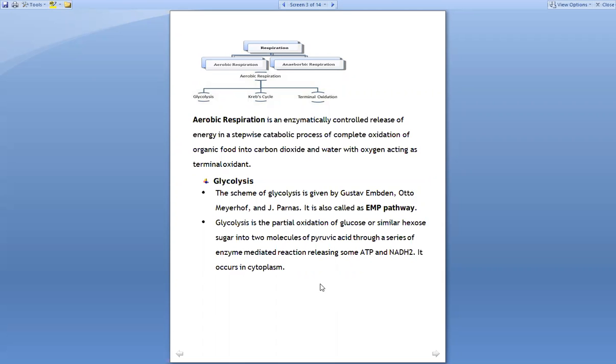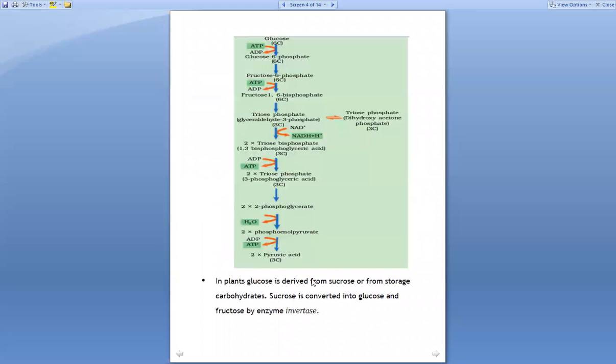So let's see about the glycolysis. Here you can see the whole flow chart of glycolysis, which you need to learn by heart. The first thing we are going to see is the conversion of the glucose molecule into two molecules of pyruvic acid. At the top you can see the glucose, which is a 6-carbon compound, right?